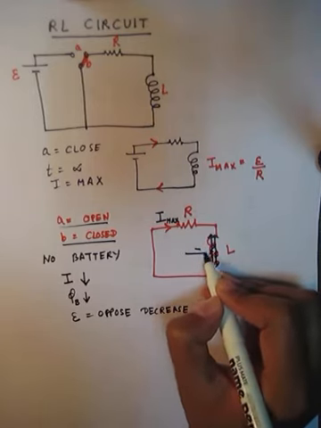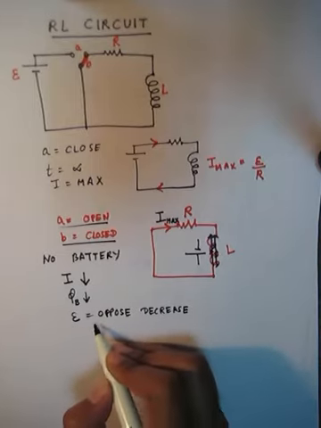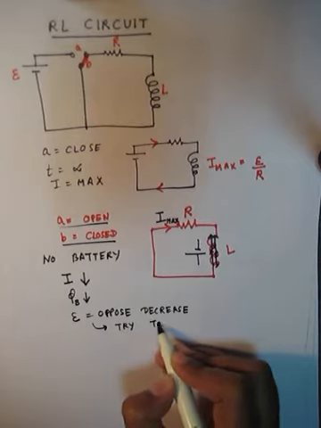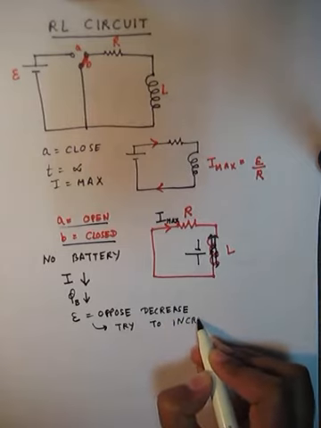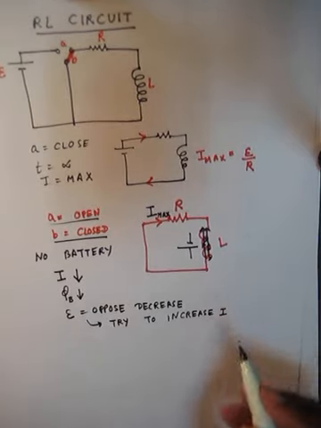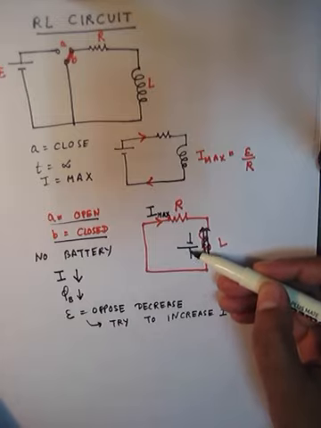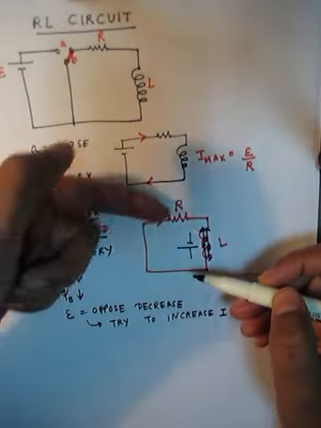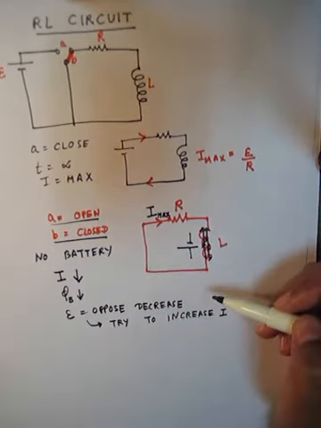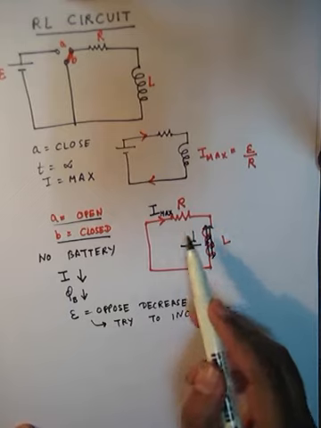It will behave like a battery in this direction, because it will oppose the decrease, which means it will try to increase the current. So it will behave like a battery such that the positive is on this side, so that the current is flowing in this direction, and this battery will also have a current in the downward direction. So now this will be our circuit.